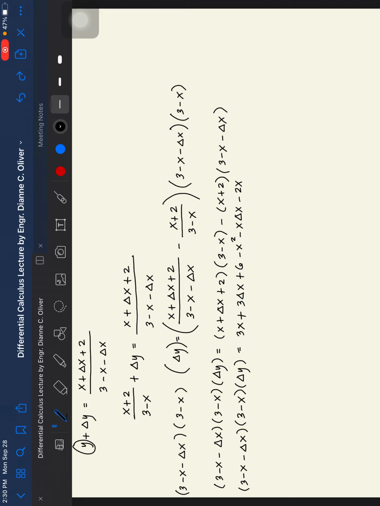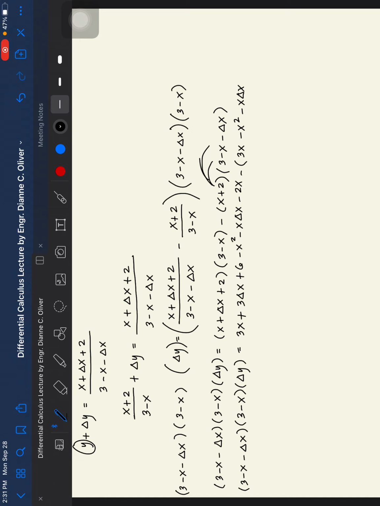Next, let's distribute the negative sign first. Distribute first x: we have 3x minus x squared minus x delta x.